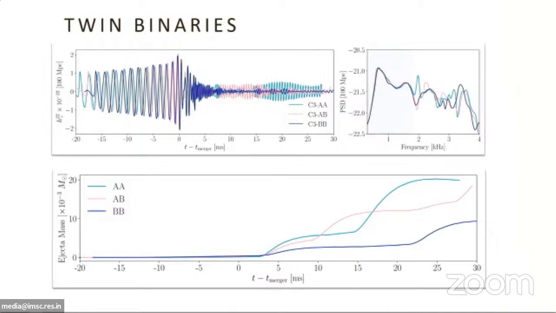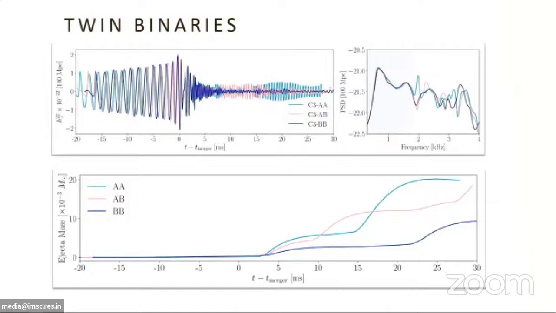Okay, so this is the gravitational wave signal from the different cases. This green is the AA part, this pink is the AB part, and this violet is the BB part. We see that for the green AA part, it continues for a long time and then suddenly drops down. The AB part, which is two different things mixing, is completely different from the green part, and this is also different.